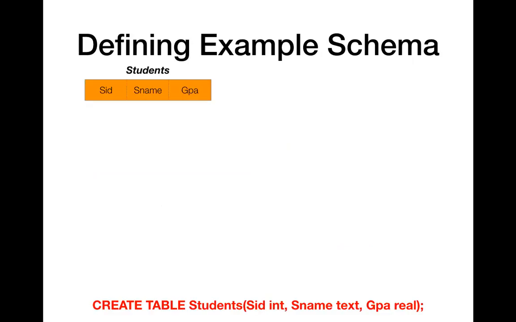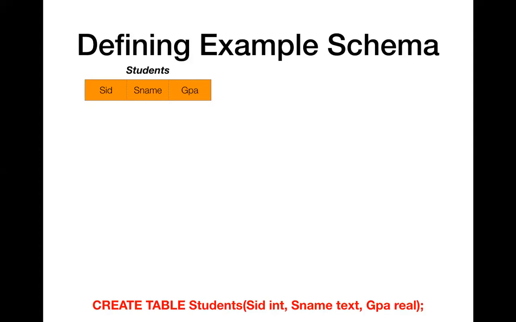So first of all, it might make sense to introduce a table in order to store information on students. And we can do this with the command that you see here. I'm telling the database system, I want to create a table named students, which has an SID, a student ID of type integer, then an S name, student name of type text, and the GPA of type real.